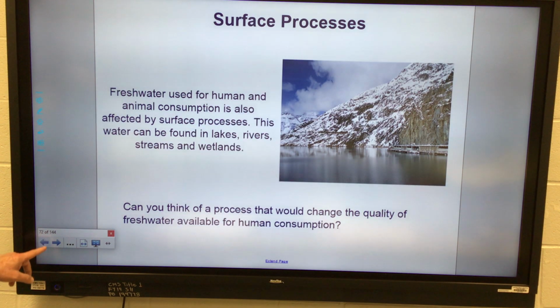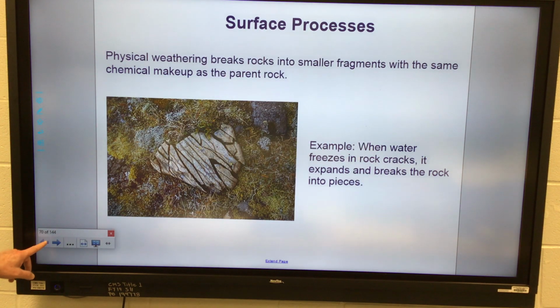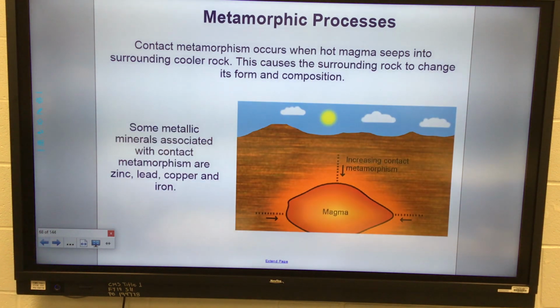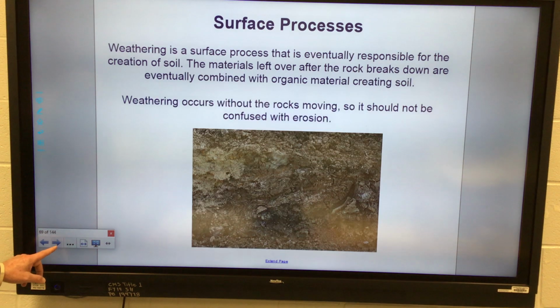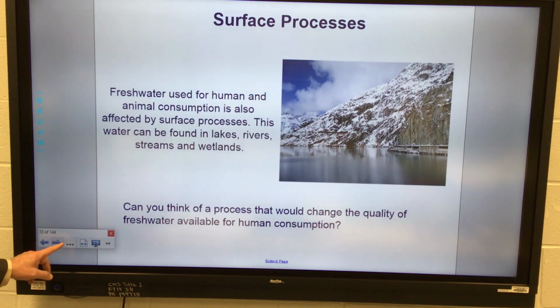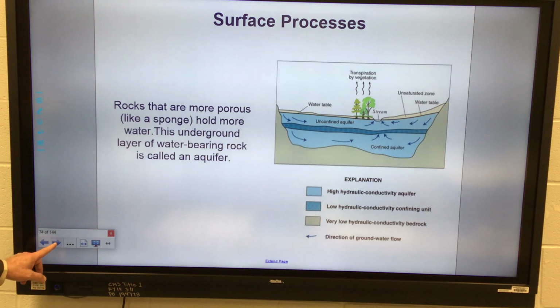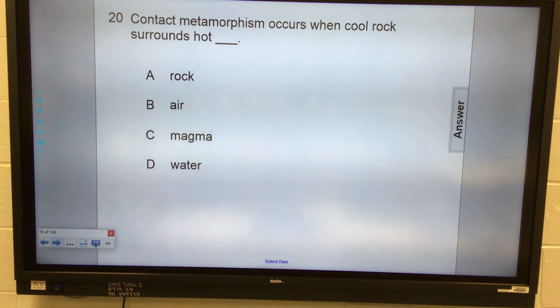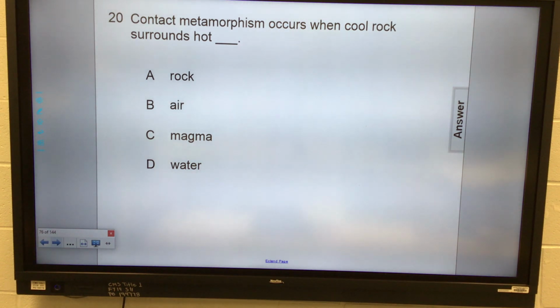We've slept a lot since. Okay, so hot magma seeps into cooler rock. So let's look right here. Let's answer the question based on what we know now. Okay, so contact metamorphism occurs when cool rock surrounds what? Hot rock or hot air? Mark your answer. A or B.